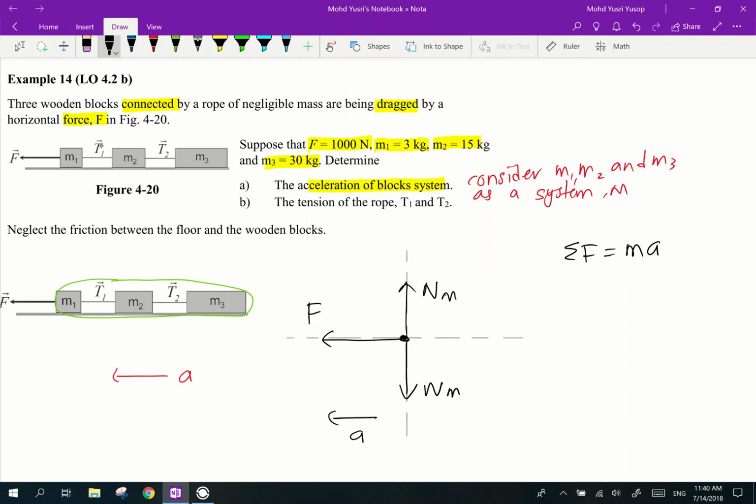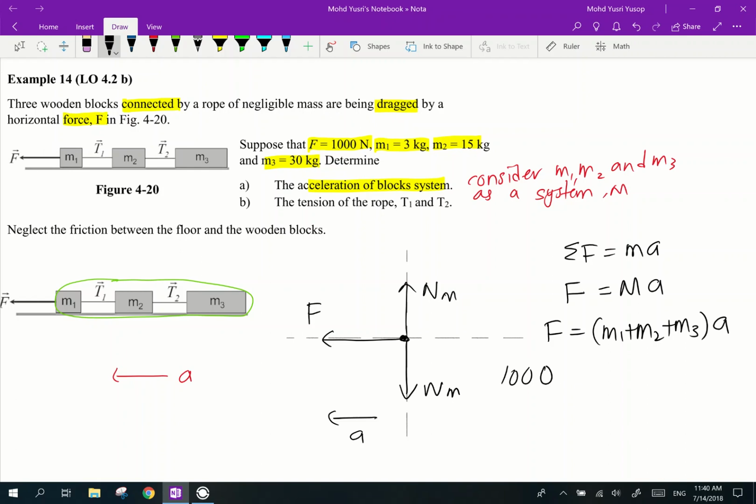In this case, the only force acting in the X component is F, which is equal to the mass of the system times the acceleration, and capital M is equal to M1 plus M2 plus M3. That's the total mass of the system times a, and we can substitute the value 1000.